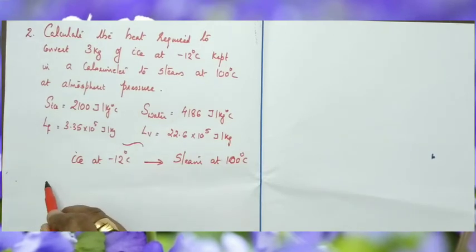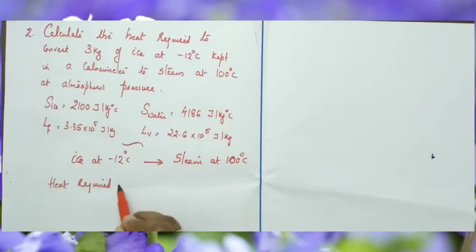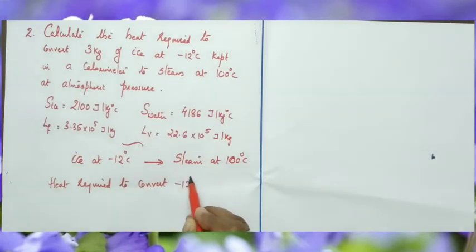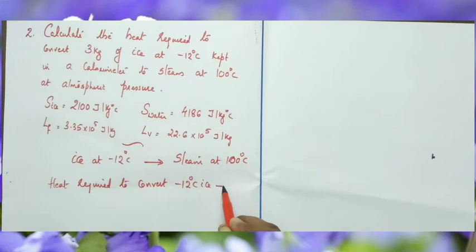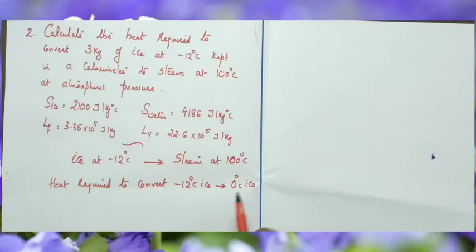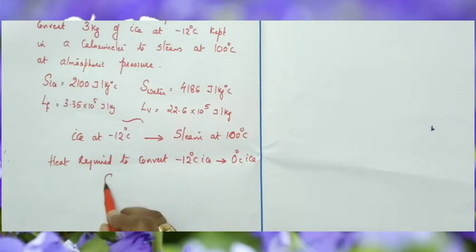First, we calculate the quantity of heat required to convert minus 12 degrees Celsius ice to 0 degrees Celsius ice. That is the first conversion. If minus 12 degrees Celsius ice is given some amount of heat, it first converts to 0 degrees Celsius ice. Clear? So, the heat required for this, let it be Q1.